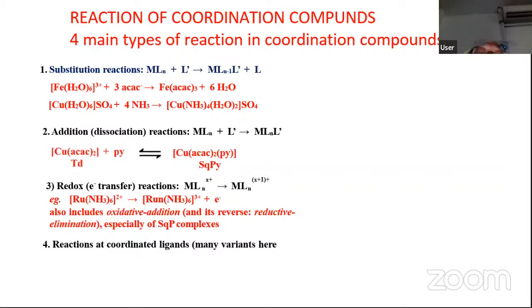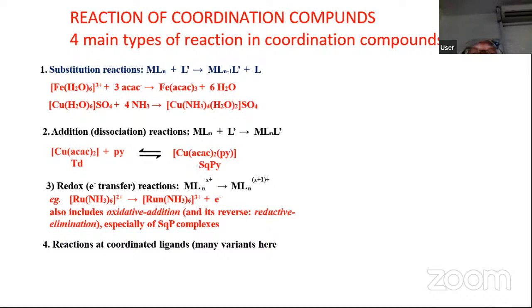Okay, what are the reactions that can take place in coordination compound? Basically, there are 4 types of reactions. Number 1 is the substitution reaction. Okay, many of the reactions are substitution reactions.